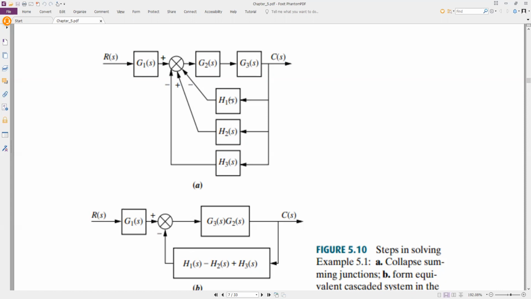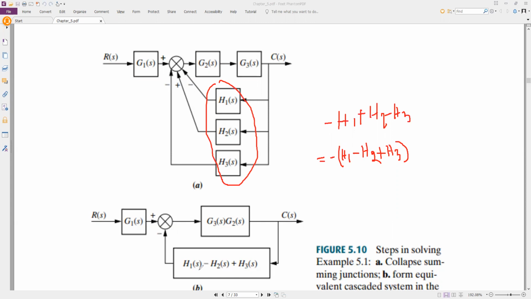H1, if I take minus, how do you reduce this one? Minus H1 plus H2 minus H3. Now take the minus common. H1 minus H2 plus H3. So instead of these three, we'll add this one, H1 minus H2 plus H3.